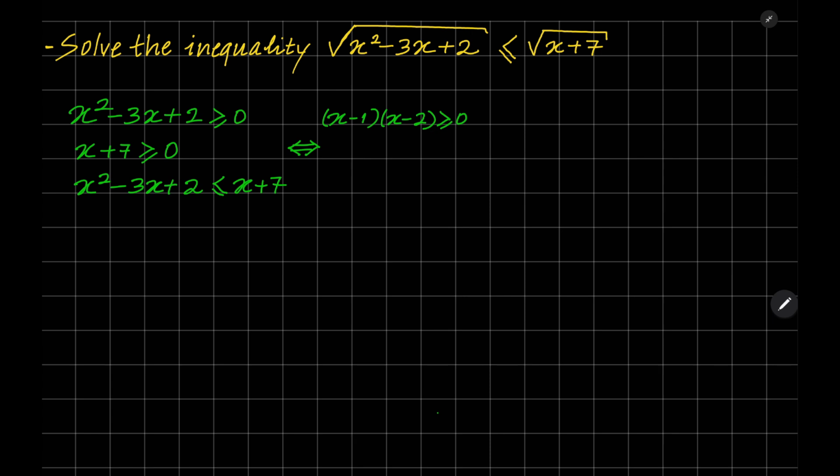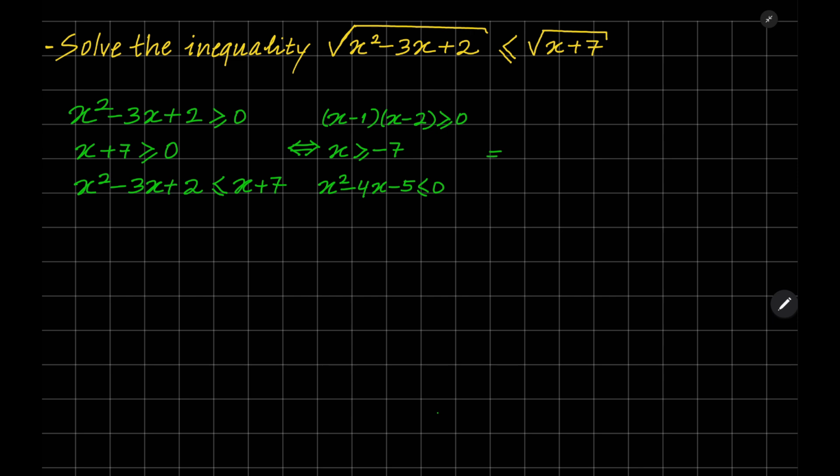The second expression, x is greater than or equal to negative 7. If we simplify the third expression, it is x squared minus 4x minus 5 less than or equal to 0.